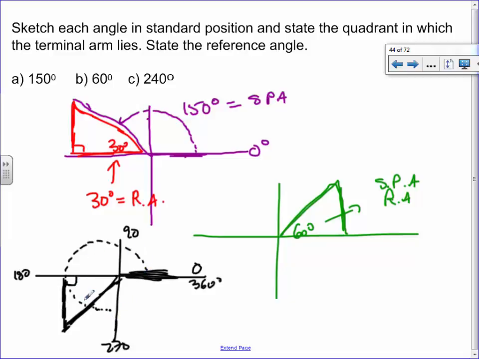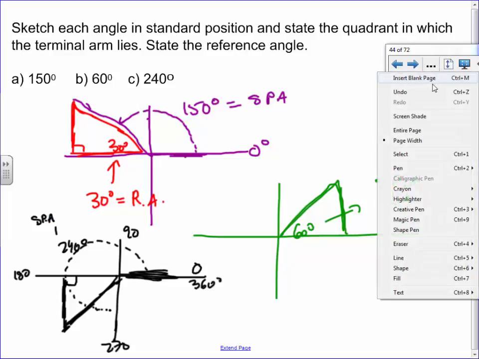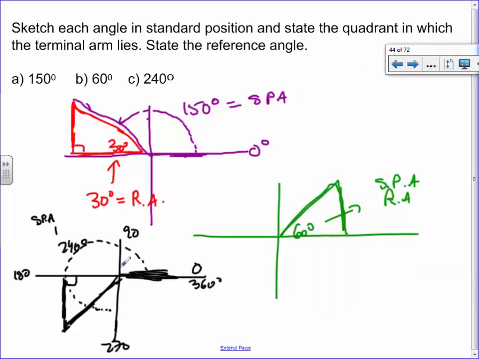So if all the way around to here is 240 degrees, that would be your standard position angle. How much further past 180 did you go? How much is this extra little bit? How much further is 240 from stopping here at 180? 60, yeah, you'd say 60 degrees is your reference angle.